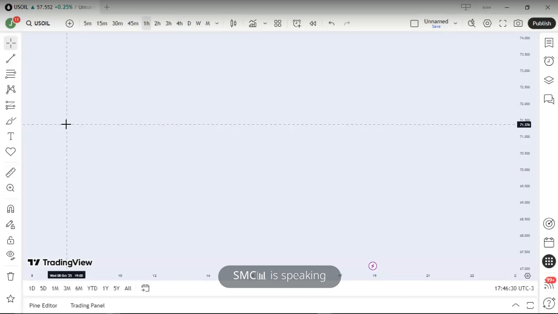Our trading idea revolves within the market cycle. We just want to see a clearer structure either to the upside or to the downside. In SMC we have two types of market structure, the bearish and the bullish.